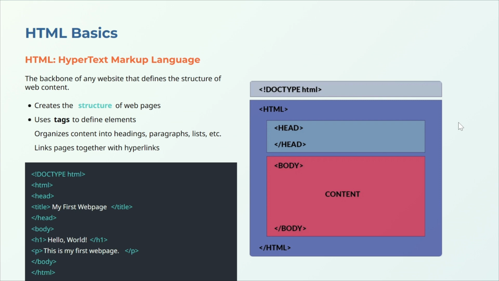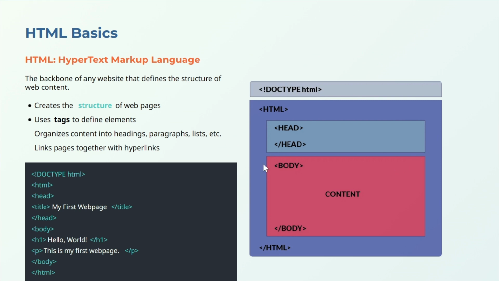Take for example, look at this short code. It starts with the doctype HTML tag, defining the type of document we are working with, which in this case is HTML. Then we open our HTML tag. Inside the HTML tag, we have the head tag where we put the details of our website.